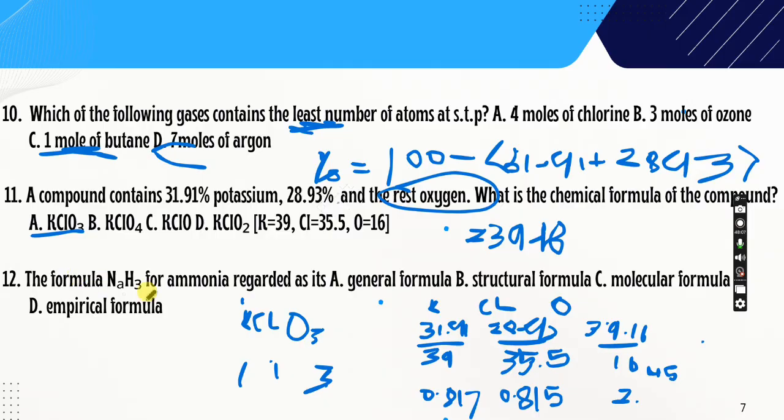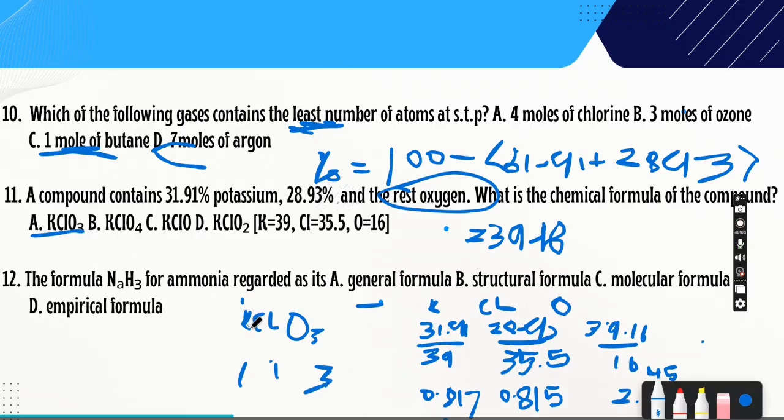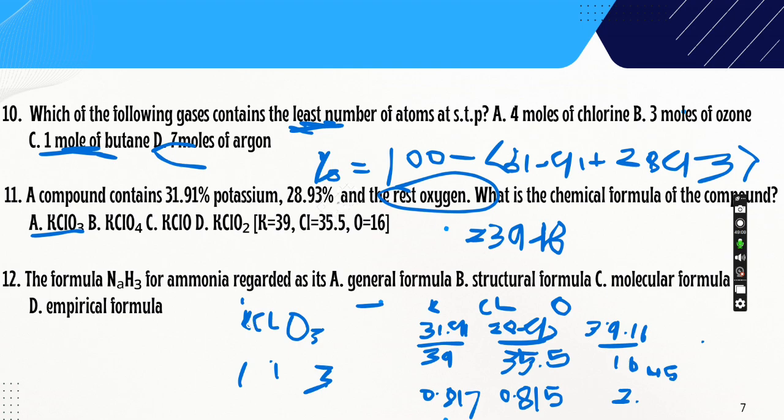Okay, the formula NH3 for ammonia is regarded as the what? General formula, no. Structural formula, no. Molecular formula, empirical formula. It's not the general formula because this is not an ion.